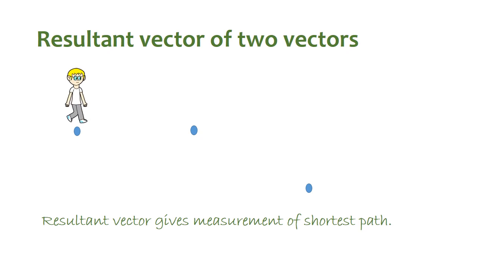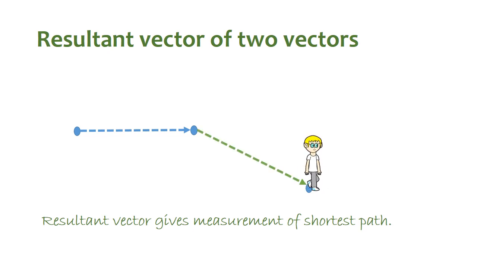Here, this boy is moving from position 1 to position 2, and then from position 2 to position 3. Now, to describe this motion, we need to draw a vector from position 1 to position 2 and another vector from the head of the first vector, so we would be able to trace out his direction of travel.